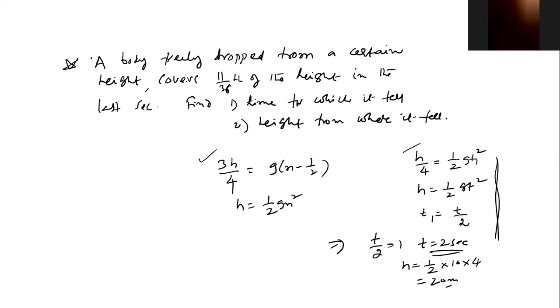Sir, I have a doubt, sir. Why not? Tell me. Sir, if they do not give the value of g as 10 meters per second square, can we write it as 10, or should we take 9.8 meters per second square?